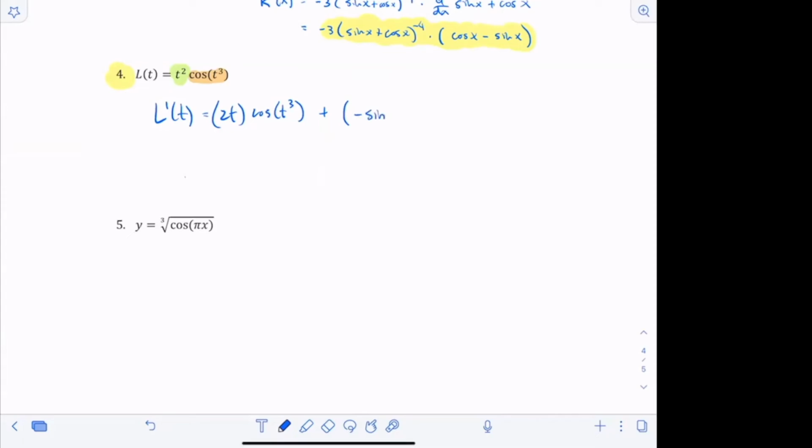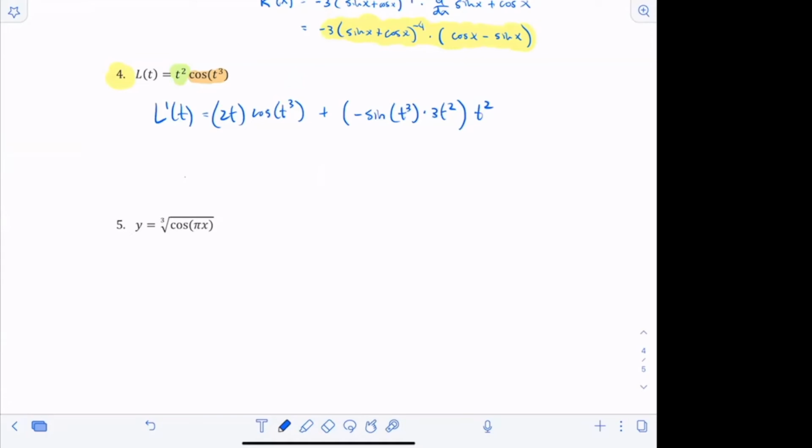I keep the inside, which is t cubed, multiplied by the derivative of the inside, which is 3t squared. So that's the derivative of the orange piece there. And then I need to multiply by the first function, which is t squared.